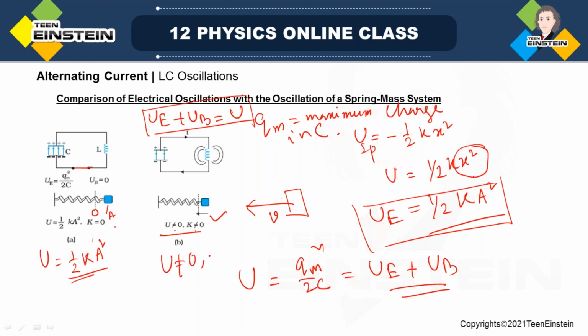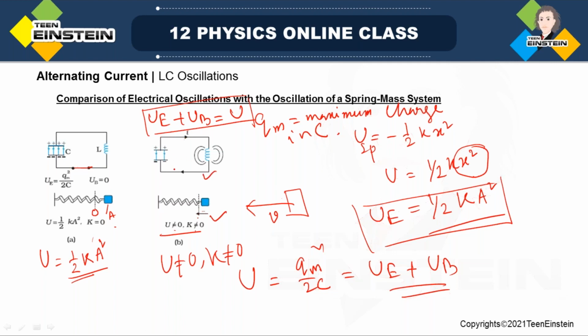That's why it is written U not equal to 0, K not equal to 0. Both will be there in this system now because it is moving. So what will happen in this spring mass system? It will lose its potential energy as it goes towards the equilibrium position and gain more and more kinetic energy.